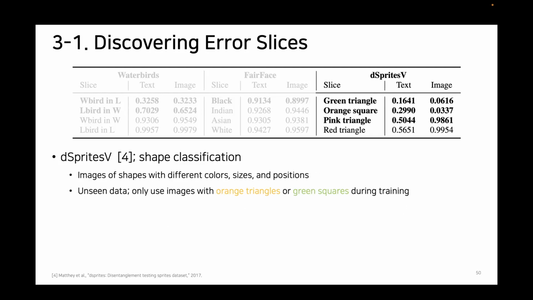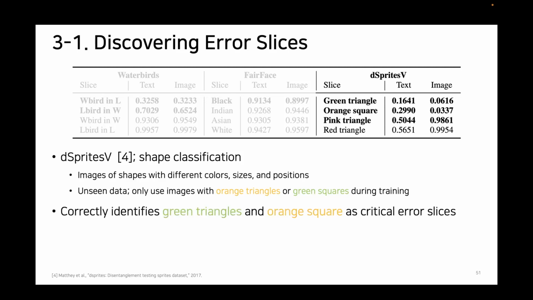So during training, they only use orange triangle or green square images. For the results, they correctly find that the green triangles and orange squares, which swap color and shape, are the critical error slices.